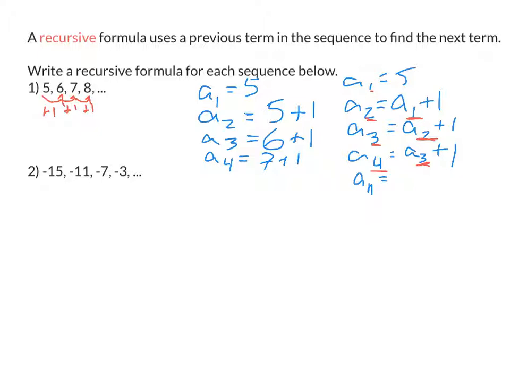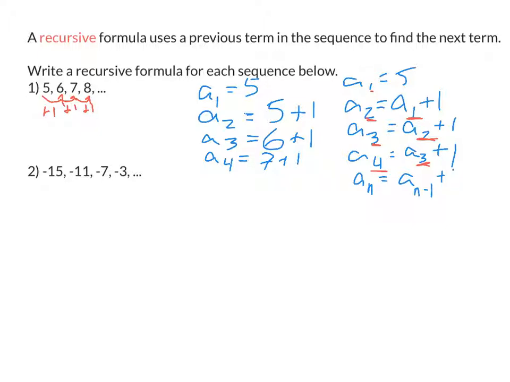If I wrote a sub 4, in the equation I have a sub 3. In the equation for a sub 3, I have a sub 2, and so on. So for a sub n, I want a sub, and then how do I do 1 less than n? Well, I write n minus 1. And then every single one of these, we've just added 1.